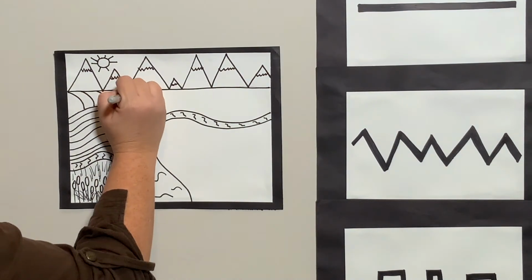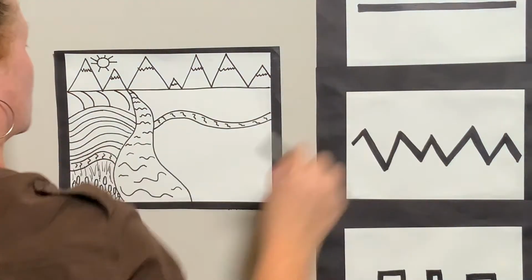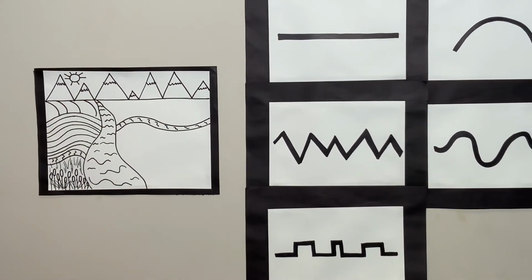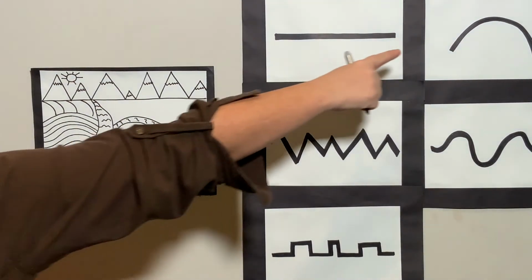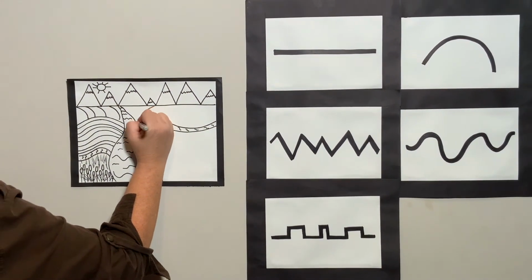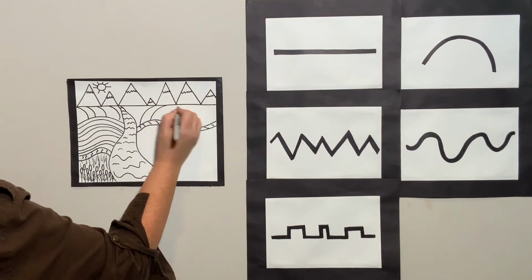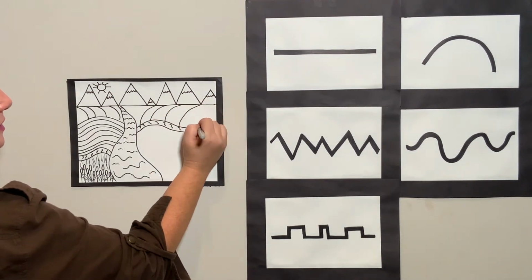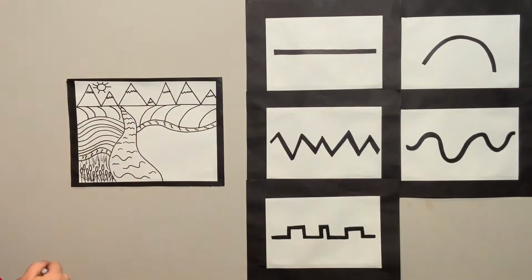Let's make some rows going that way. I'm using curvy lines. Same thing up here. I want you to get your curvy line, and let's maybe draw some curvy lines going this way, just to show that there's going to be crops growing in the fields.